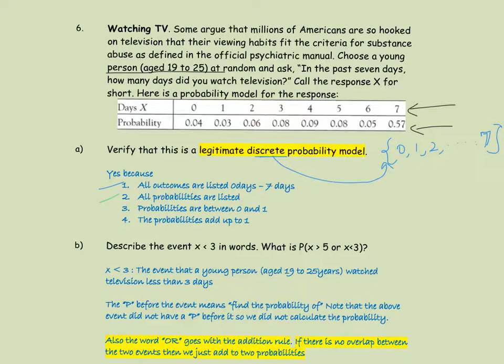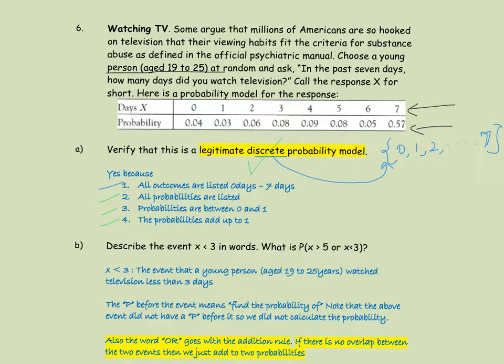That is correct. All probabilities are listed in the second row. And are the probabilities between 0 and 1? They all look okay. They look like they've been calculated correctly. And do all the probabilities add up to 1? Since all 4 conditions are satisfied, it is a legitimate probability model.